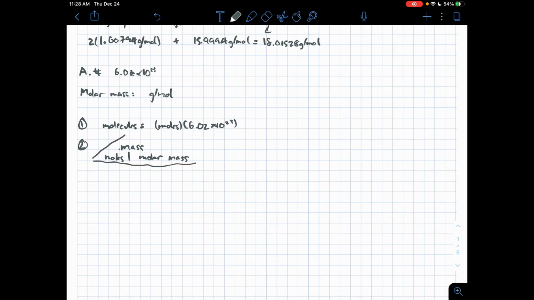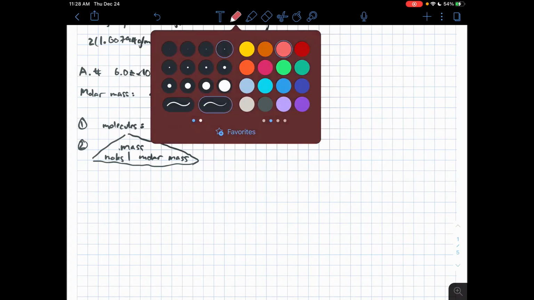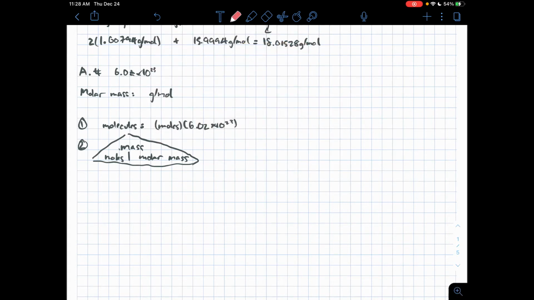This forms a little triangle here, and it's very messy, but what this basically means is that if you're, say, looking for mass, all you have to do is take moles and multiply it by molar mass. So your equation here is mass equals moles times molar mass.